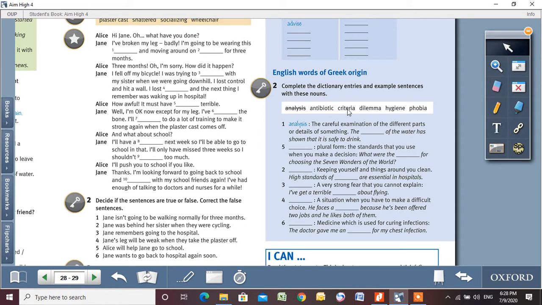Criteria is the plural form, and of course I will remind you of the singular form, which is criterion, ends with ON. So criteria, it's the plural form, and it means the standards that you use when you make a decision. So what were the criteria for choosing the 7 wonders of the world?